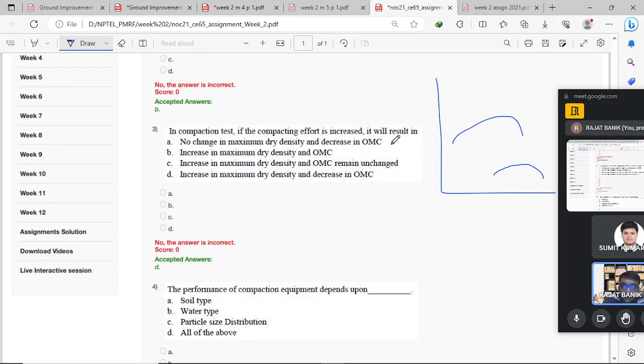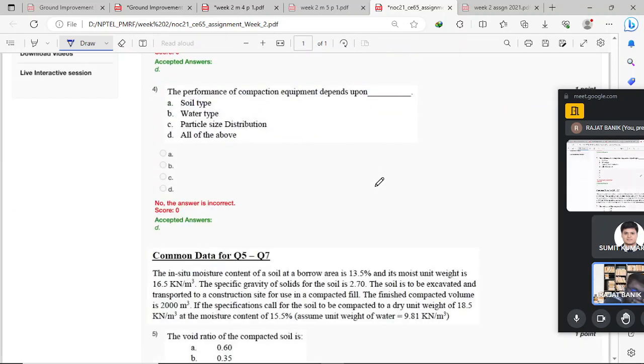If you increase the compacting effort, we go from here to here, so we automatically increase the dry density and also reduce the optimum moisture content. So the correct answer is option D: increase the maximum dry density and decrease the optimum moisture content.